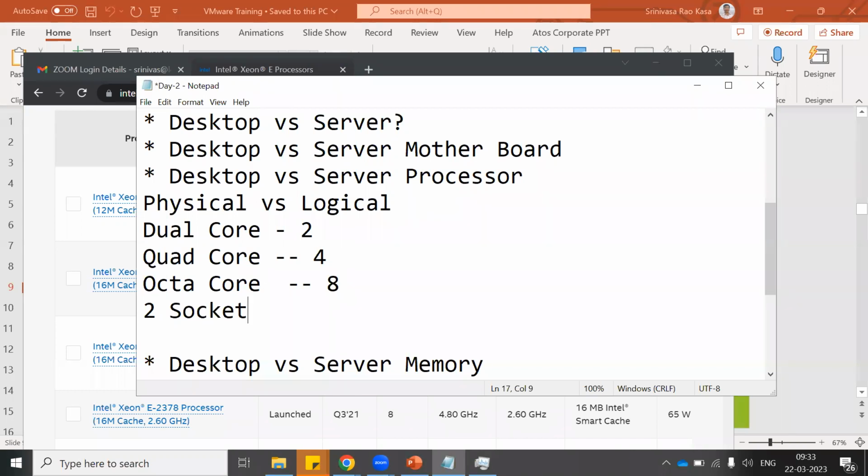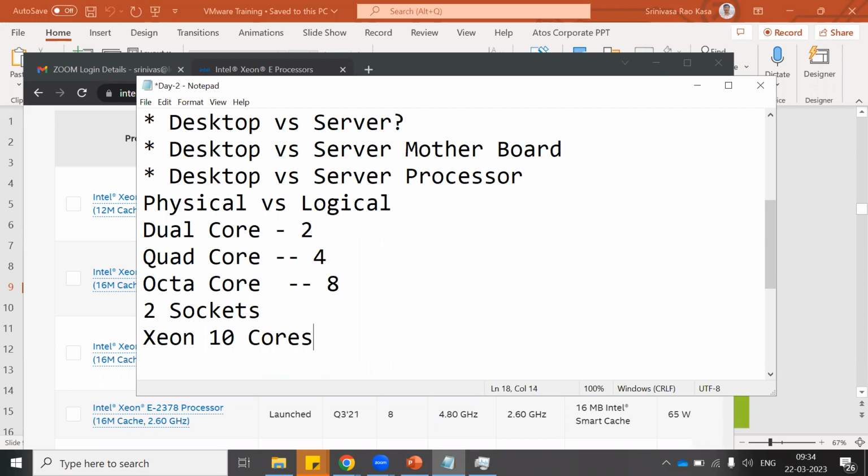Now the motherboard has 2 sockets, and I'm going to install a Xeon processor with a capacity of 10 cores per chip. If I install it in both the sockets, how many total cores am I going to get?